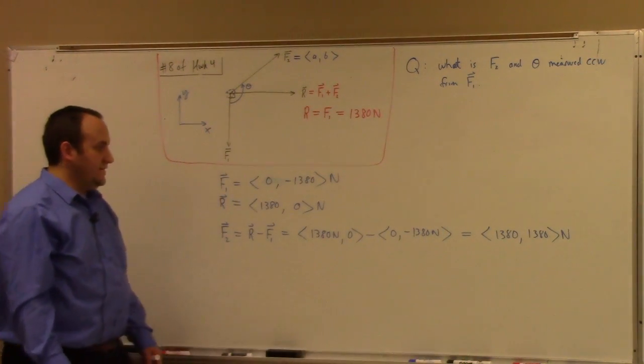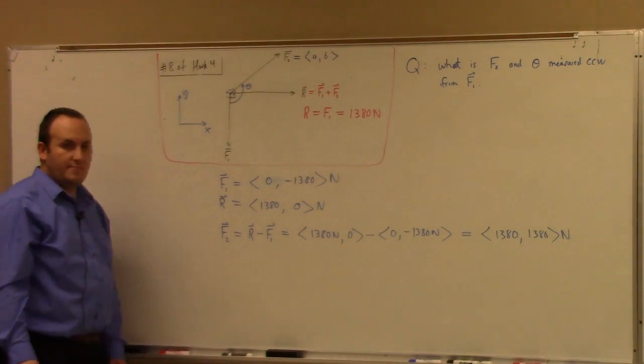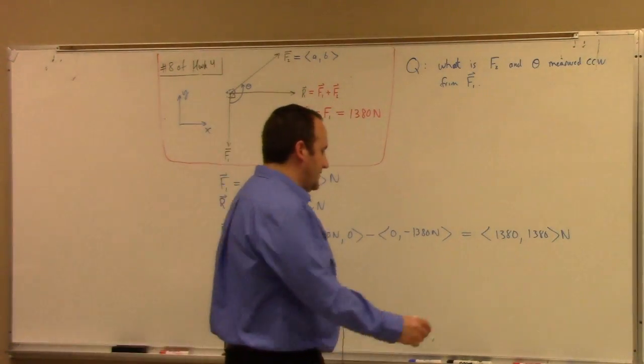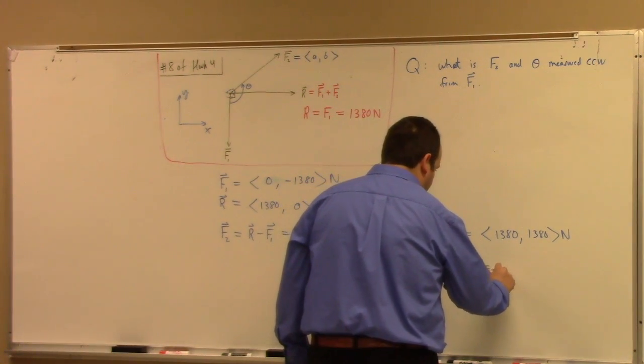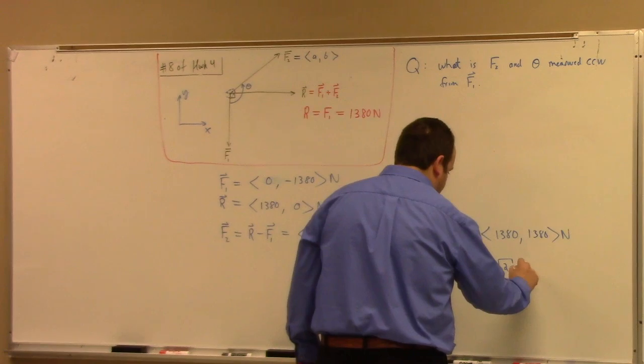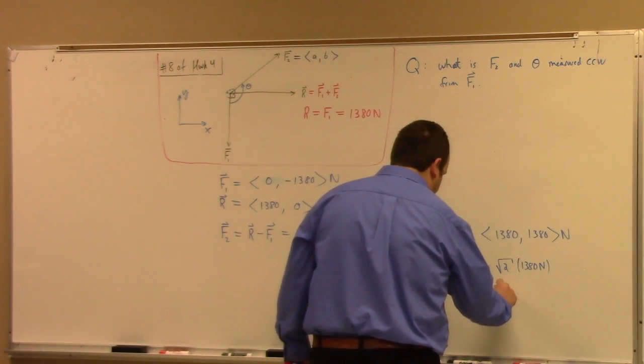So there's the Cartesian form of F2. You can see from that immediately that the magnitude of F2 is the square root of 2 times 1380 newtons, and that theta is 135 degrees.